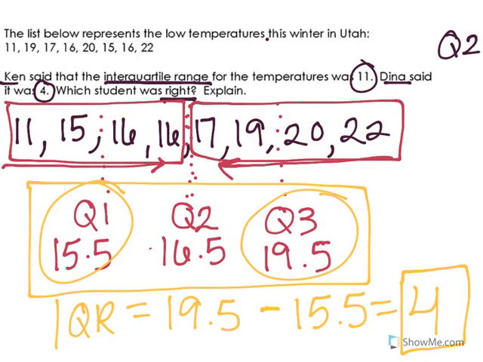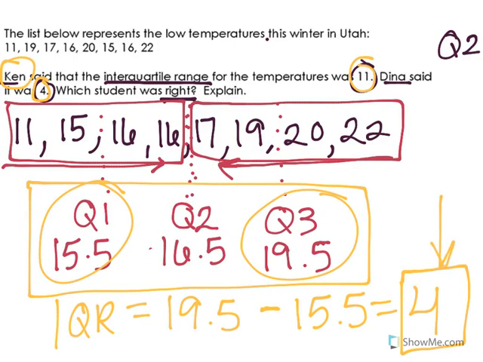So remember, we are given added information that we need to analyze next. Back up at our story problem, it says that Ken thinks that the interquartile range was 11. Dina said it was 4. Which student was right? Based on all of our work, we found on our own the interquartile range to be 4.